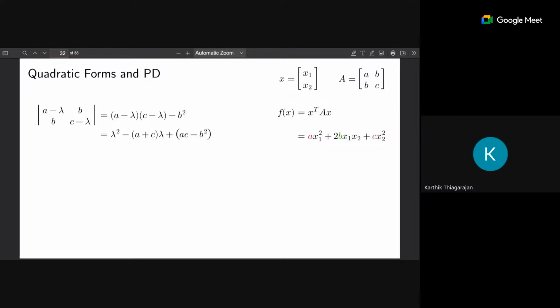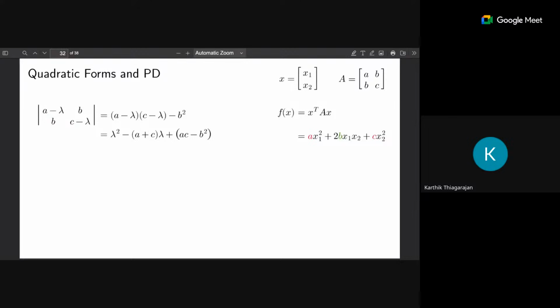Lambda 1 and lambda 2 should be strictly greater than 0. So what is the sum of the roots? The sum of the roots, lambda 1 plus lambda 2, is equal to the trace. What is it here?